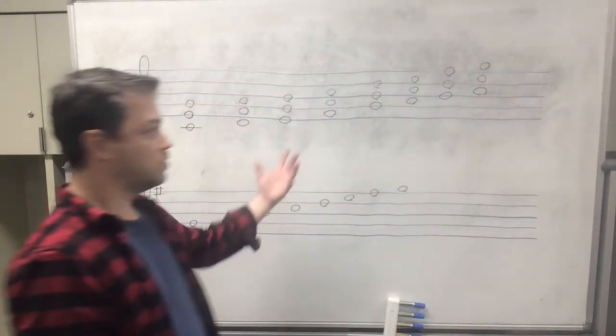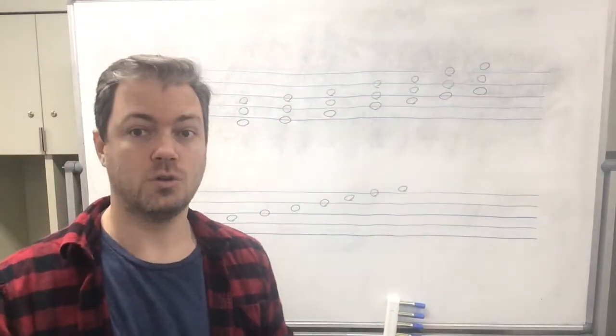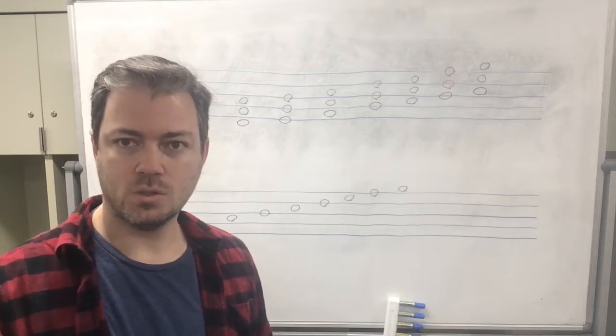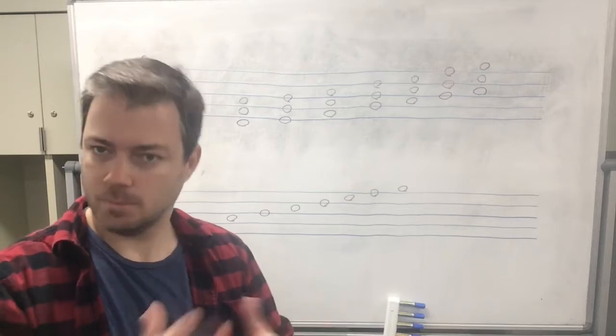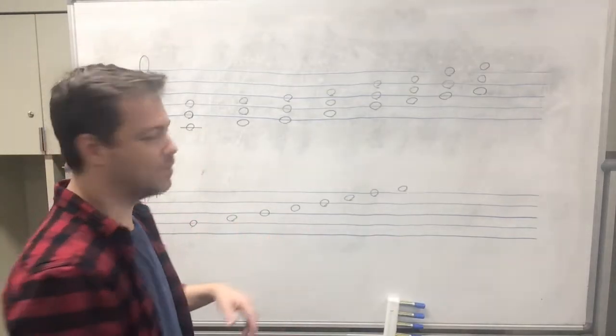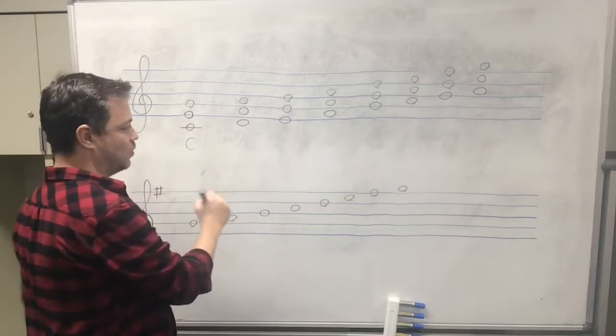There we go. So what are these chords called? You should hopefully know the order of major chords in a major scale. So the first chord is always major, so this is C. The second chord is D minor.